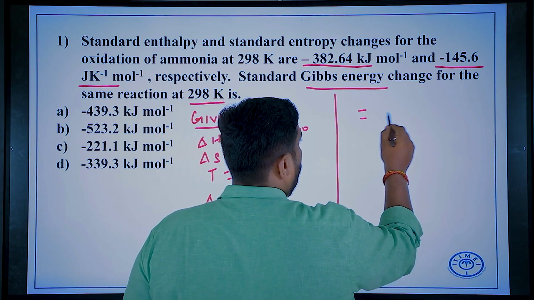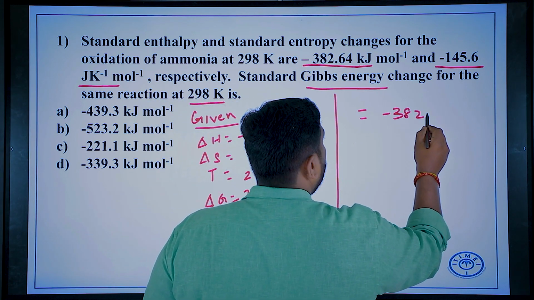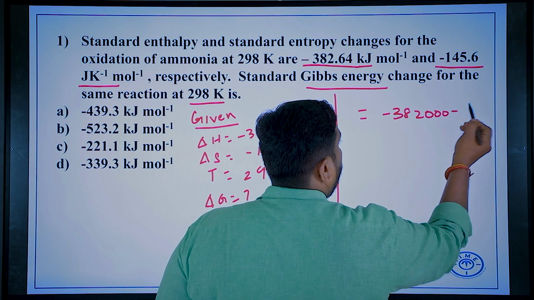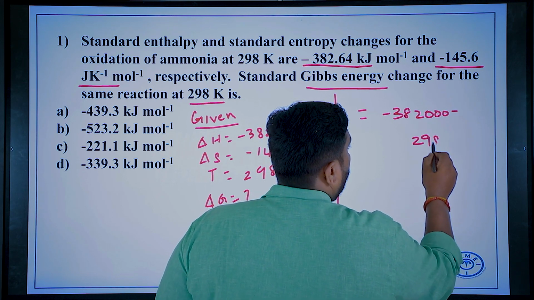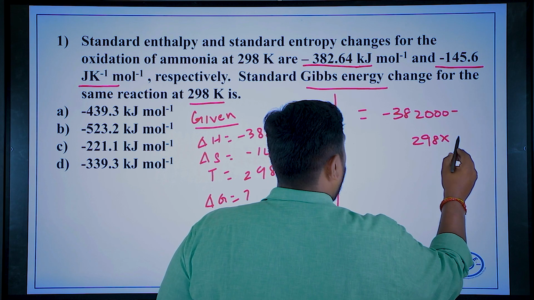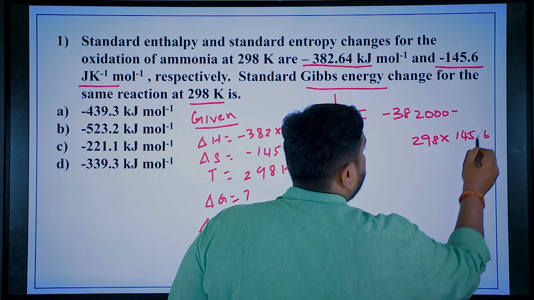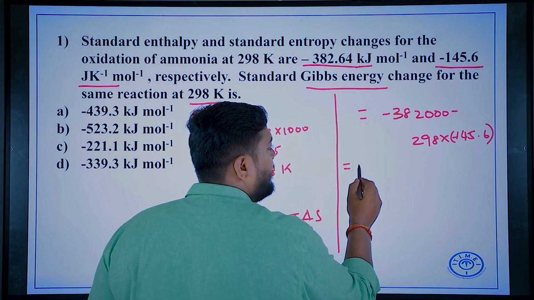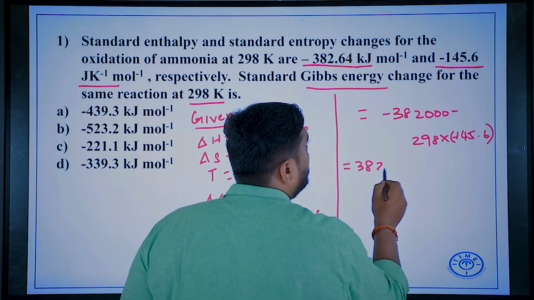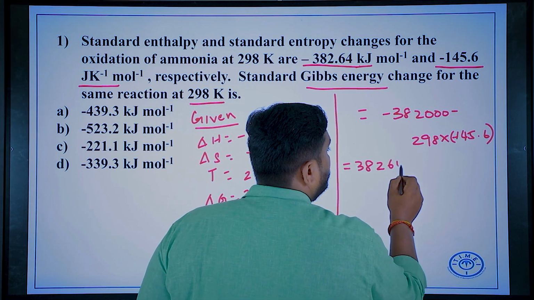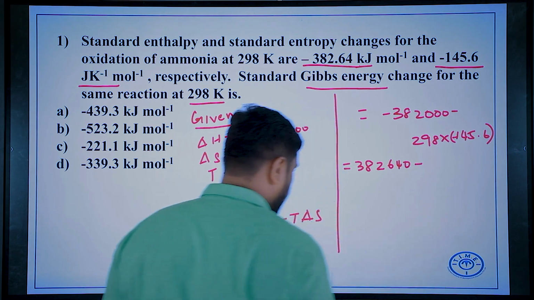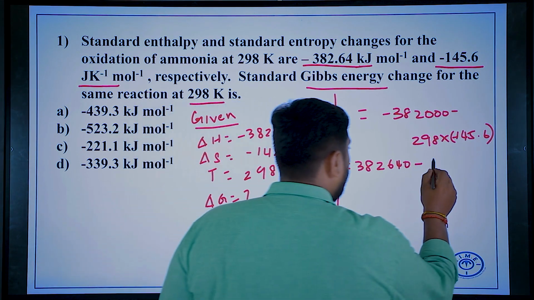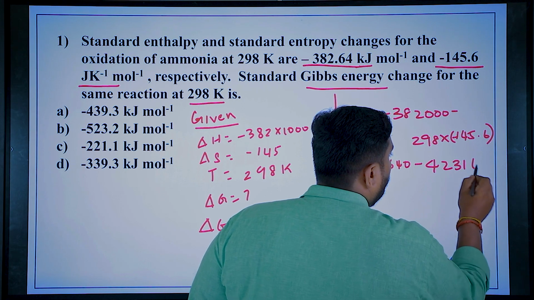What is your del H? Minus 382,000 minus 298 into 145.6. This is also a minus. So minus into minus will become plus. 382,640 minus, if you multiply these two, you will get 42316.